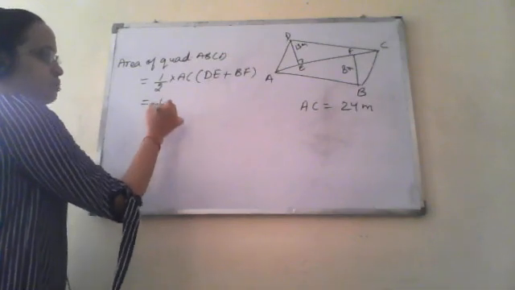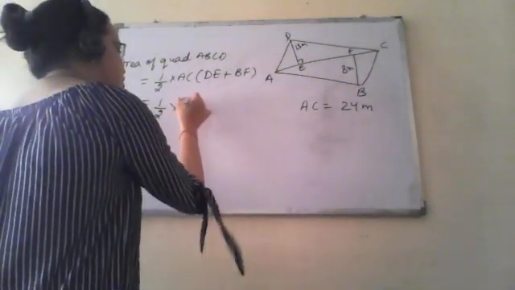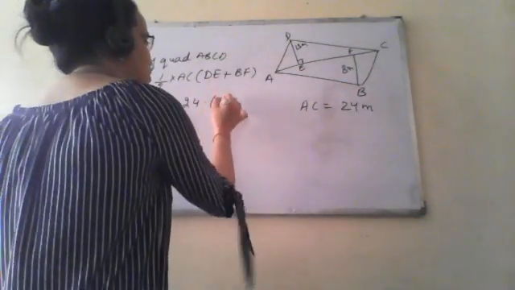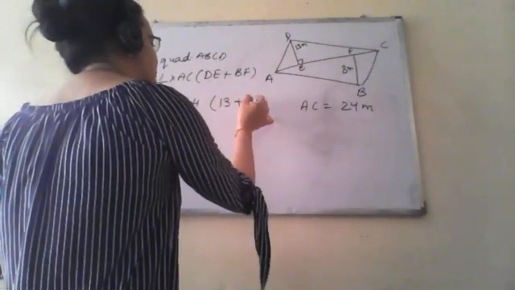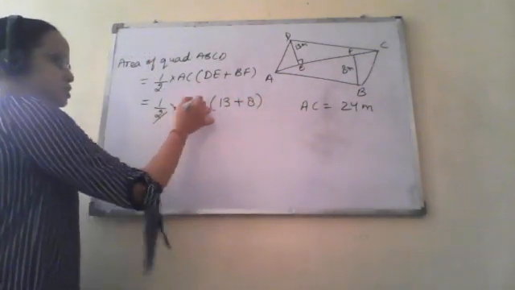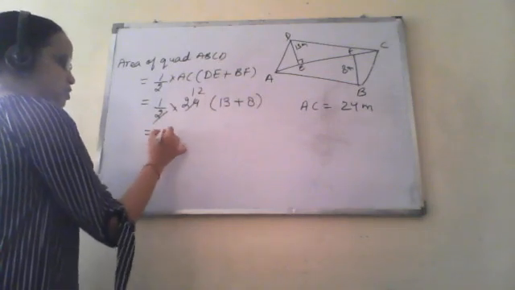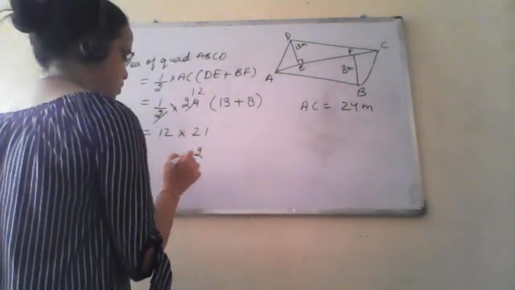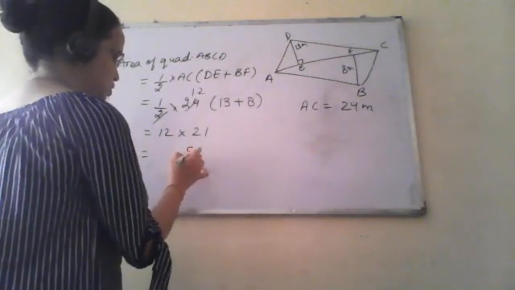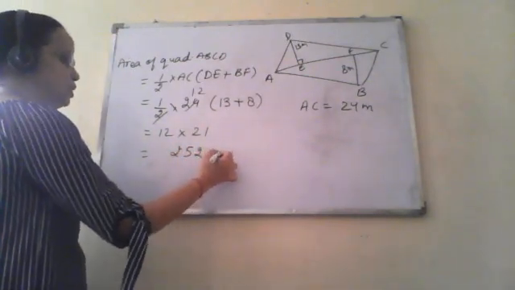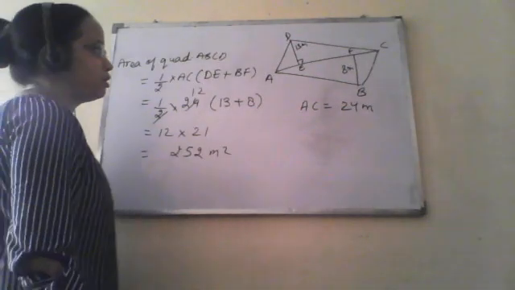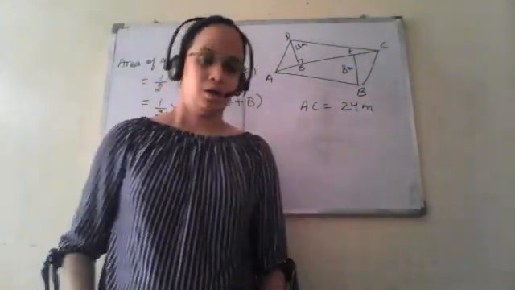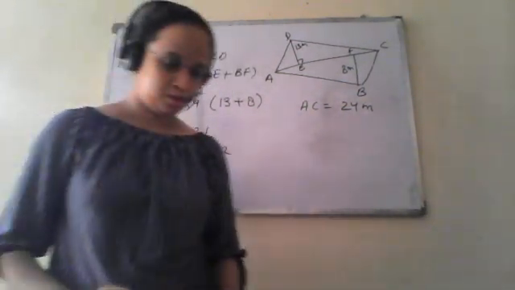So this is 1 by 2, AC is 24, this is 13 plus 8. So this is 12 into 21, which is 252 meter square. So the area of this quadrilateral ABCD is 252 meter square.